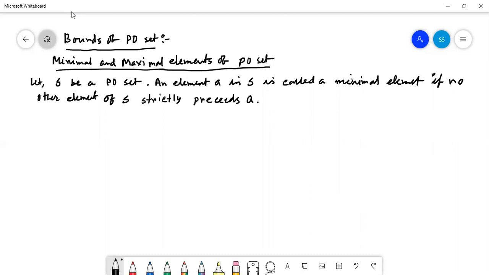That means a is the lowest. There is no other predecessor element of a. That means a is the first element. Then a is called the minimal element of that set A.